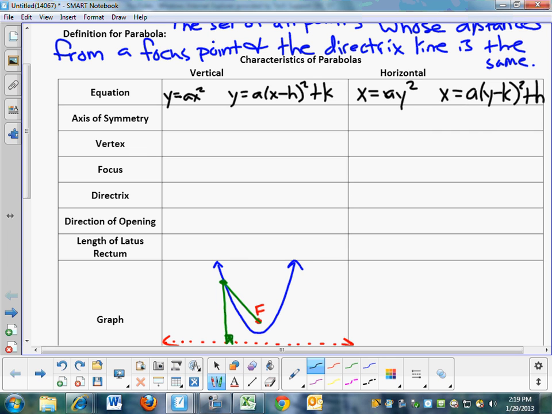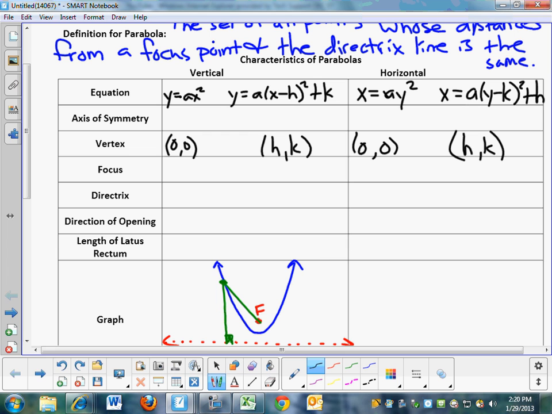Axis of symmetry. Let's talk about the vertex first. What do you think the vertex is for that one? 0, 0. What is it for this one? Very good. Same thing for the other: 0, 0, and h, k. The axis of symmetry divides the parabola in half, so it's symmetrical on both sides.